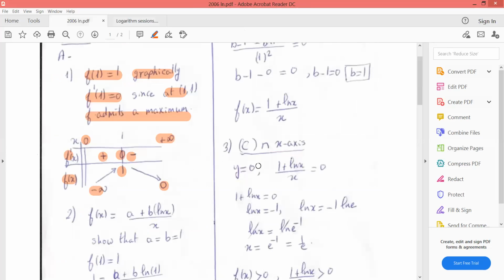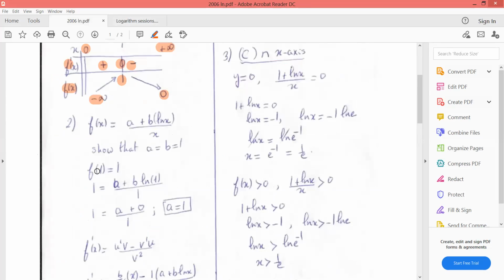First, f of 1 equals 1. So I replace here: 1 equals a plus b ln 1 over 1. 1 equals a, since ln 1 is 0 times b is 0 over 1, then a equals 1.